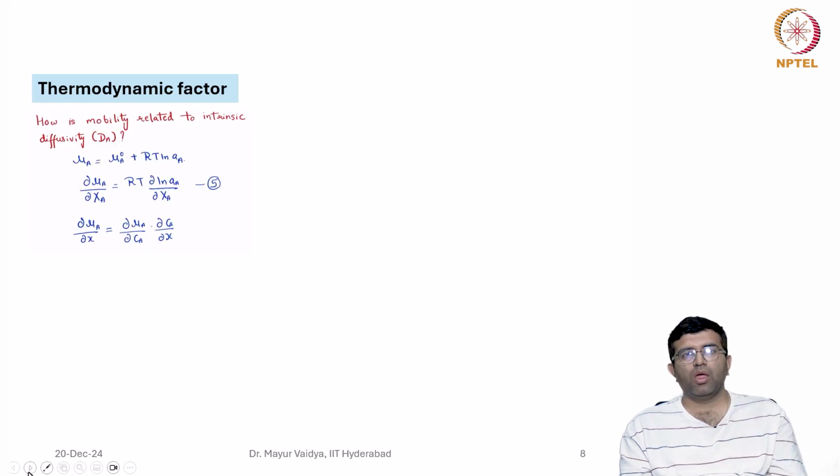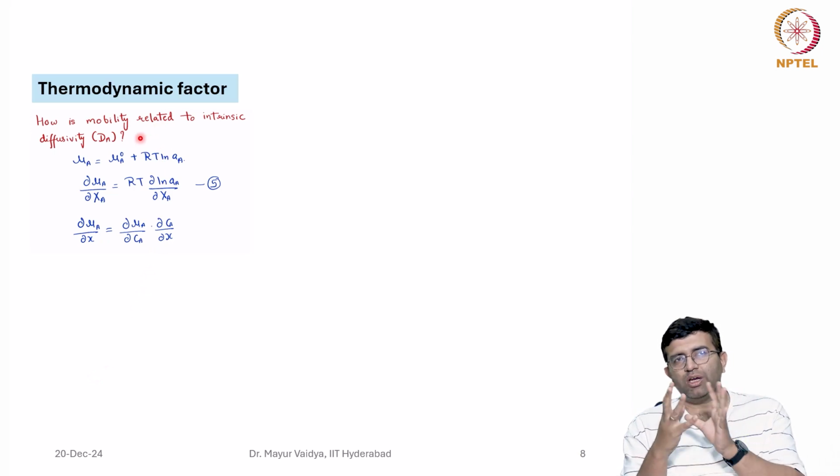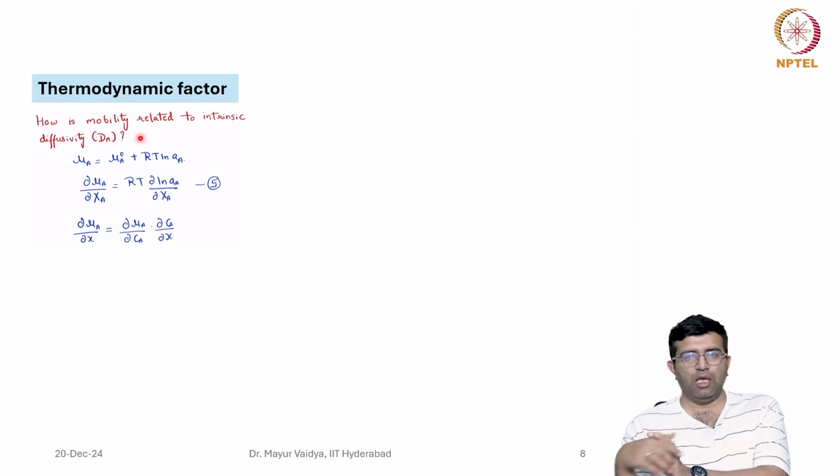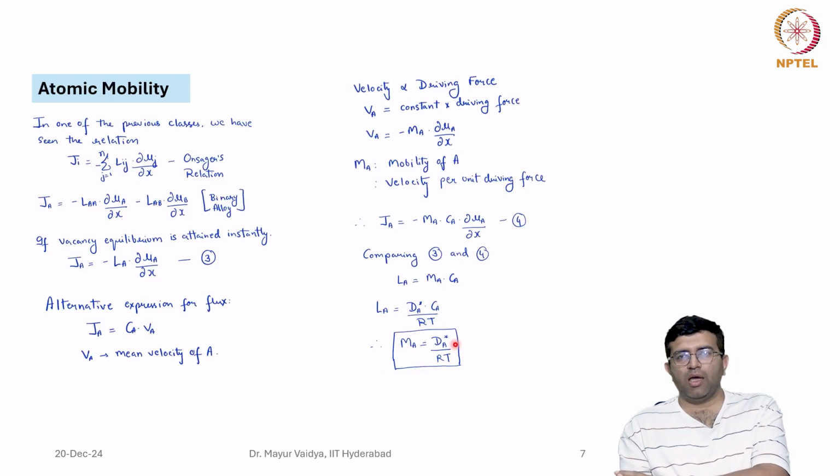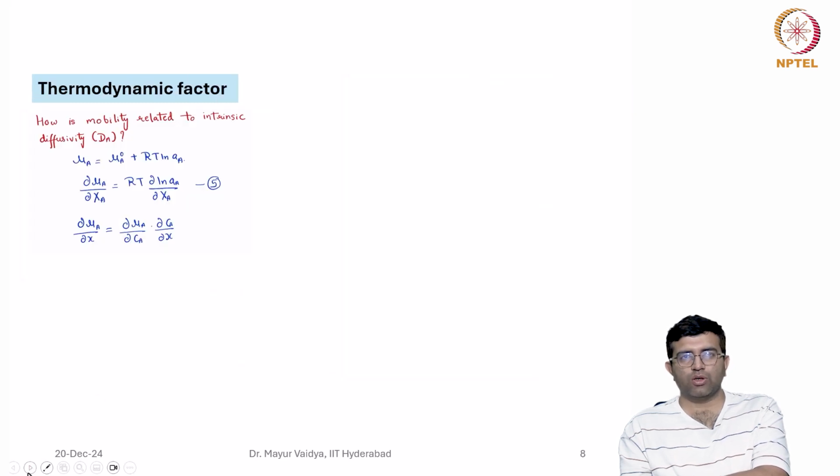Basically, the thermodynamic factor comes into the picture when you are trying to relate this mobility to the intrinsic diffusivity dA. Okay. So, we have written here Ma is equal to dA star by RT. That means the mobility is related to the tracer diffusion coefficient. But how is this mobility related to the intrinsic diffusion coefficient?